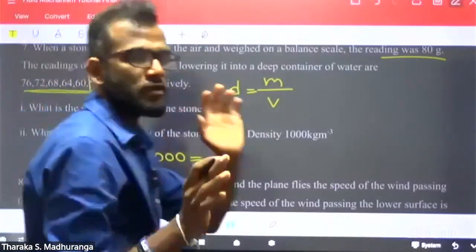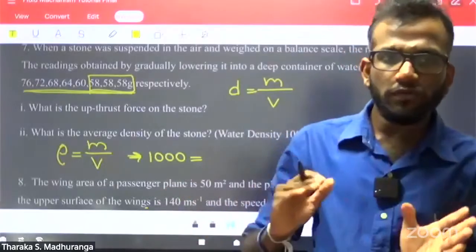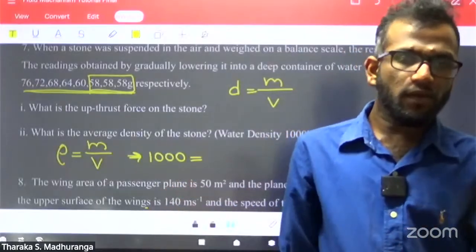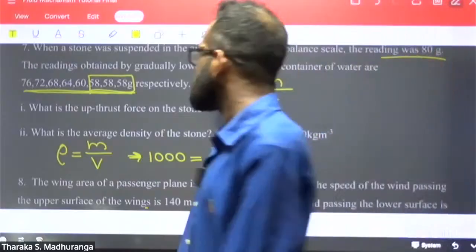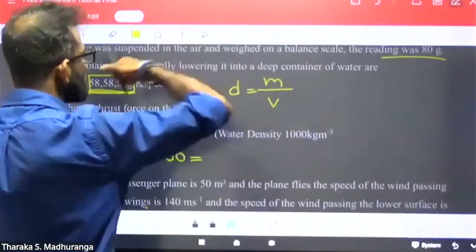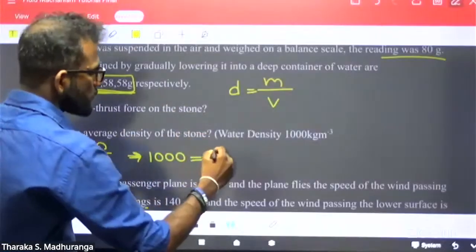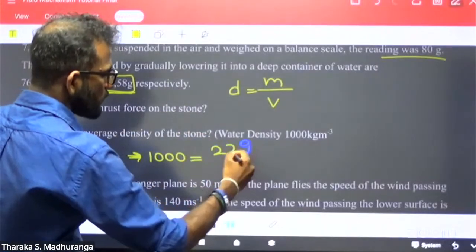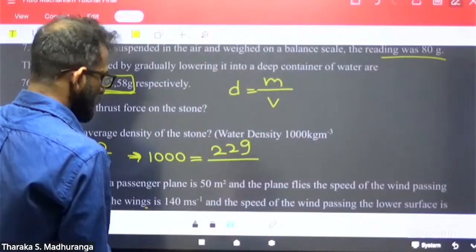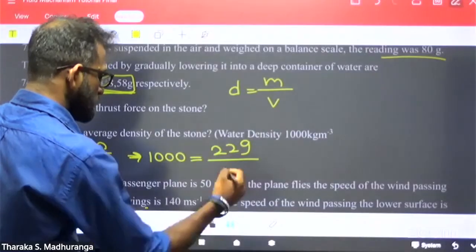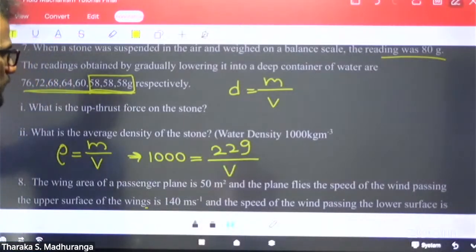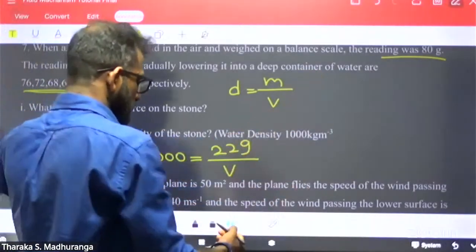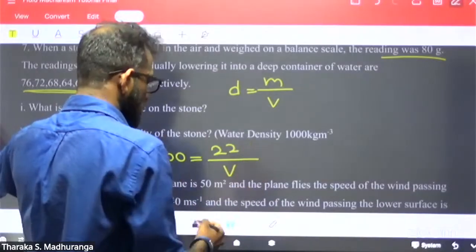The amount of displaced water is 22 gram. 22 gram is the amount of displaced water. Then the volume you can find, over 1000.